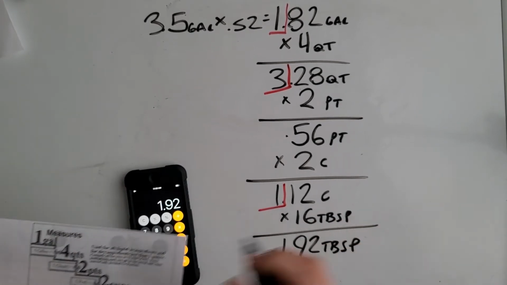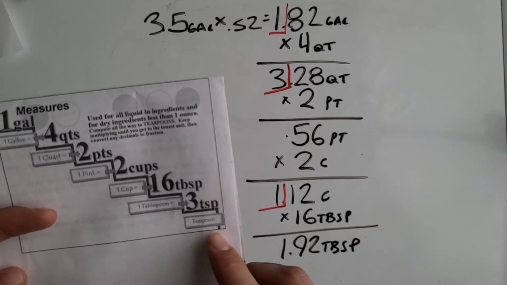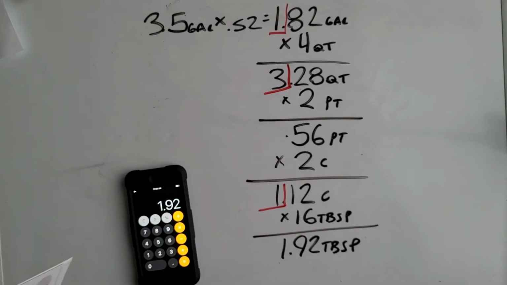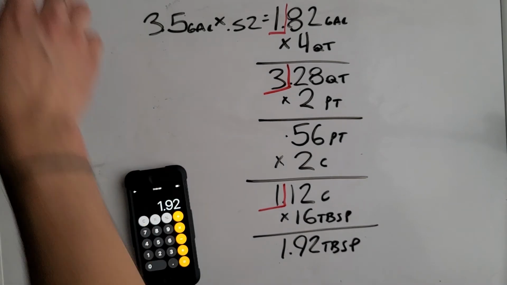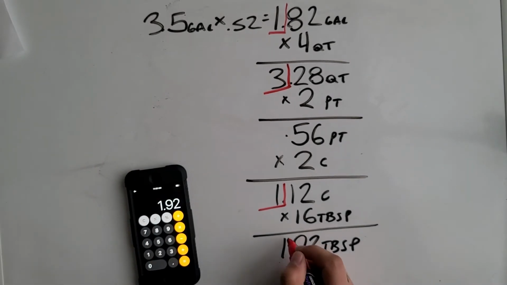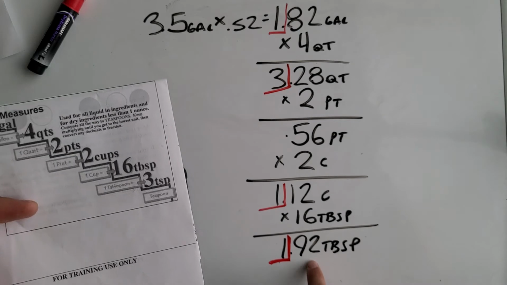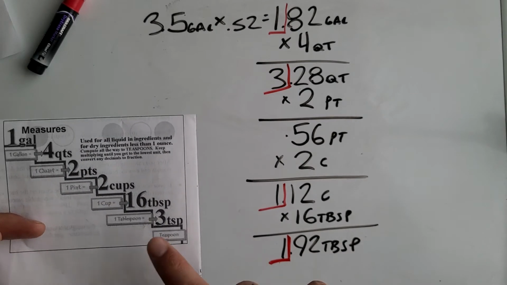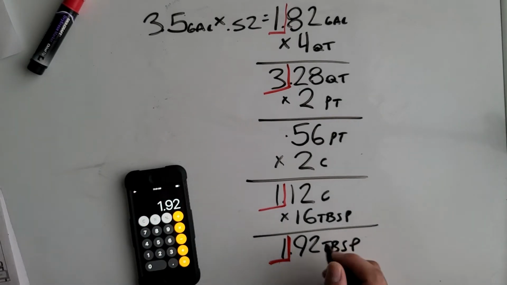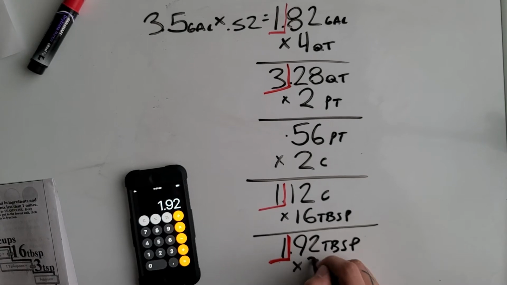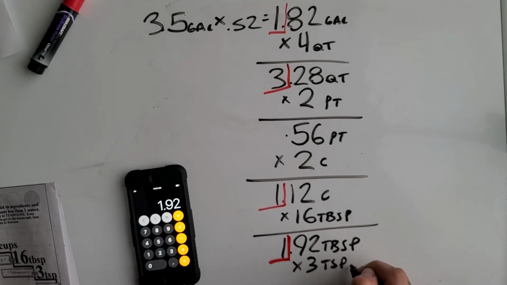We're almost at the lowest unit, teaspoons. So after that, again, block off your whole number and multiply the remainder by the unit under. In this case, it's your 3 teaspoons. So 0.92 times your 3 teaspoons.